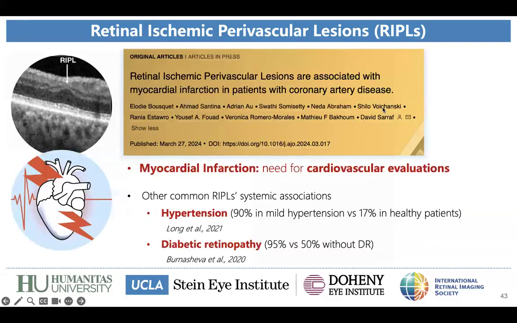These lesions are clinically important to detect because they've been associated with myocardial infarction in patients with coronary artery disease, but they are also very frequent in patients with hypertension and diabetic retinopathy, in up to 90% of cases. So the detection of ripples can lead the physician to suggest cardiovascular screening, for example, in these patients.